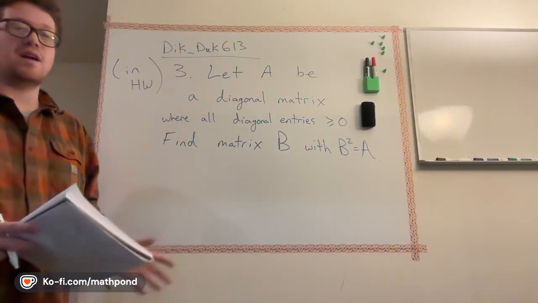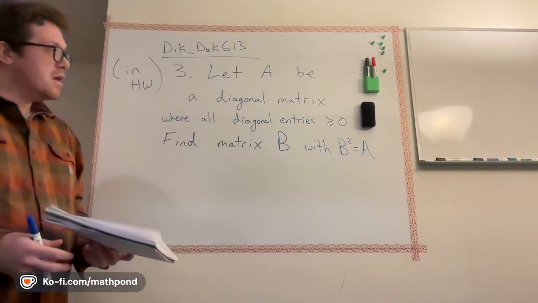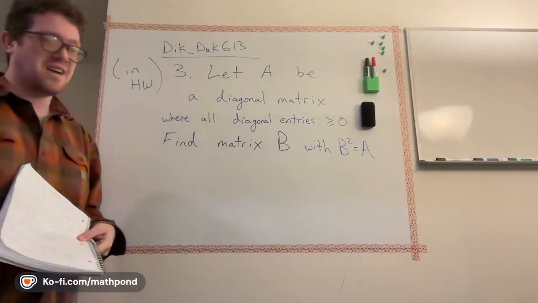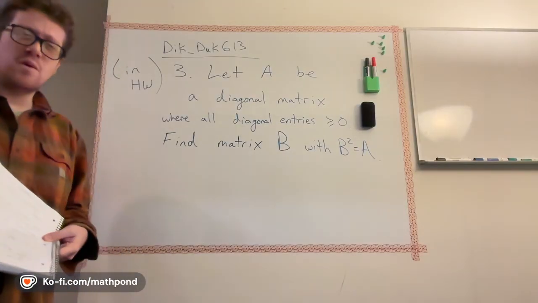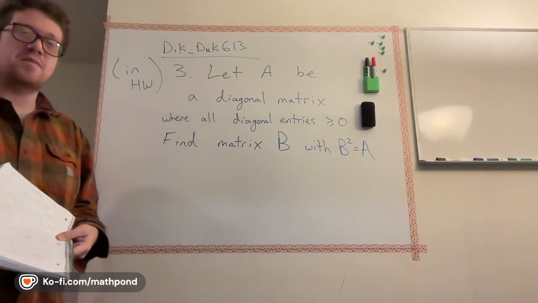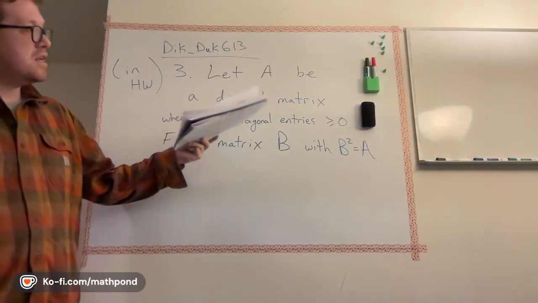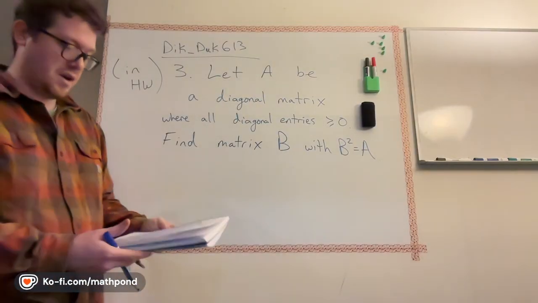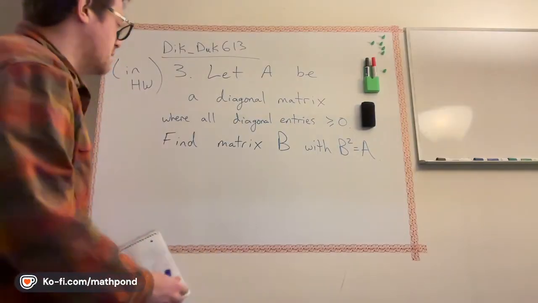It might not even exist. Maybe somebody smarter than me who is listening right now could check me, but I don't think there always has to be a square root, and I don't think it has to be unique unless it's a positive operator, like in this case. But okay, so let's try to figure out what's going on.